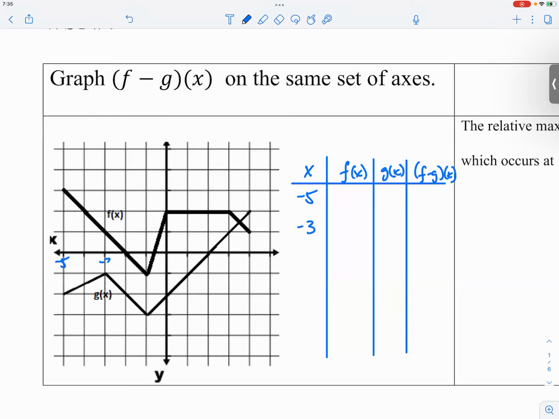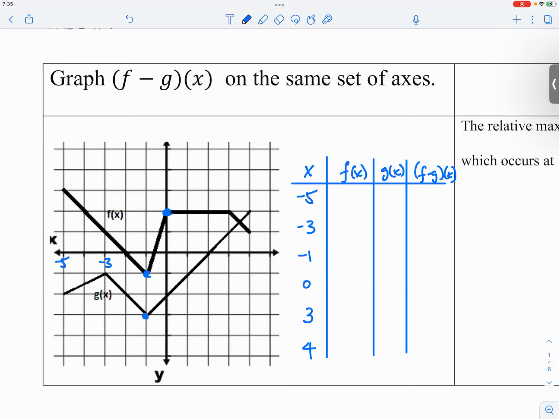So I'm going to focus on -5, -3, and then -1. See right here, they're changing direction. And then we have 0, it's changing direction over here. And then I'm going to put 1, 2, 3. And then the last one will be 4.